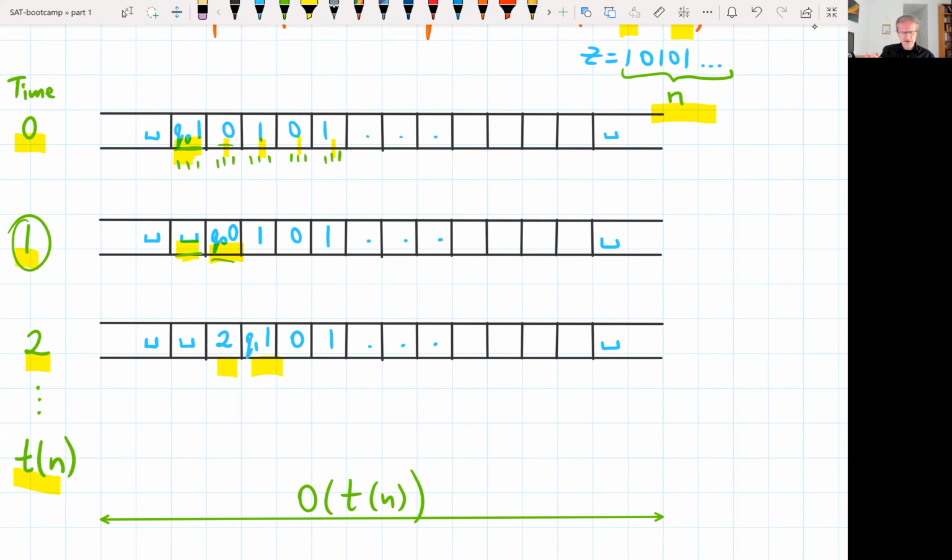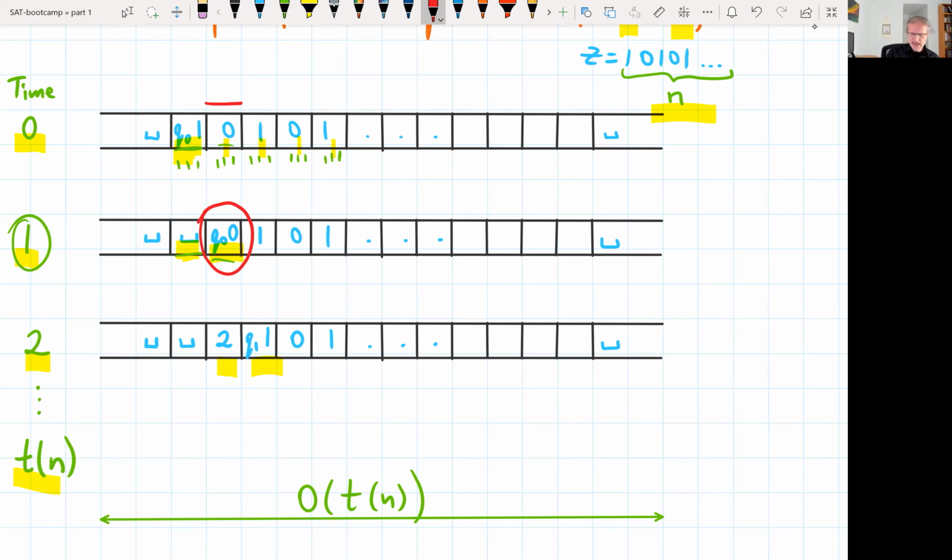So let's think about what we need to do in order to compute the description of the symbols on the next tape in time step 1. If I need to know this symbol over here, then of course I need to know the symbol that is in the same position in the previous time step.